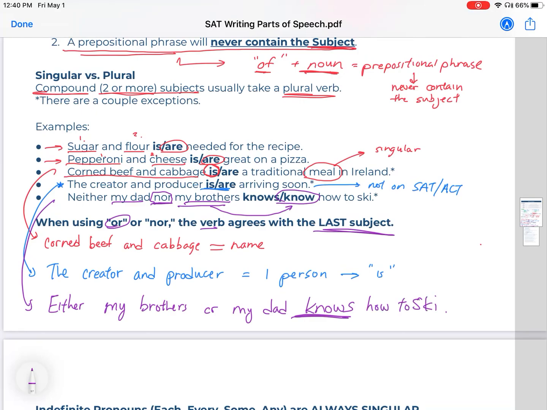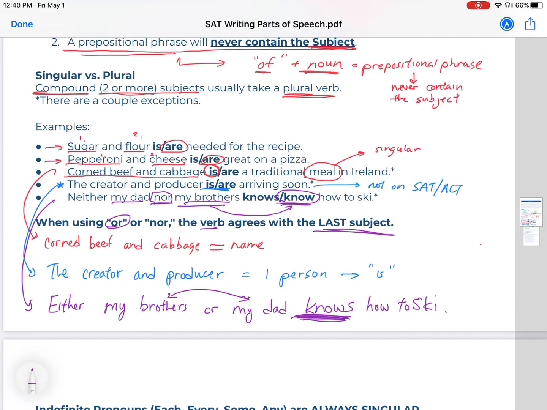And the reason this sentence changed, right? It's almost exactly the same, except that I swapped the two nouns. Swapping the order of the two nouns does change my verb, right? It changed it from know, which is the plural verb, to knows, which is the singular verb.